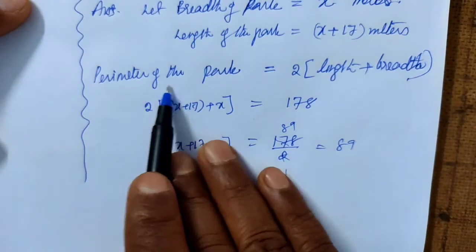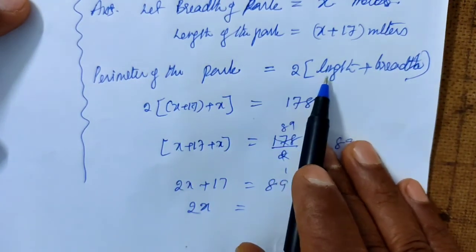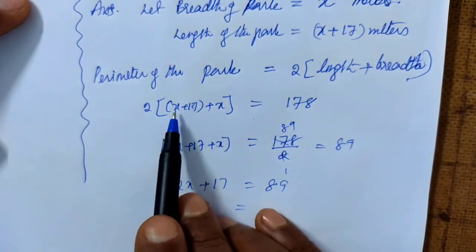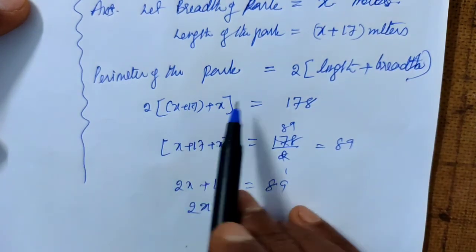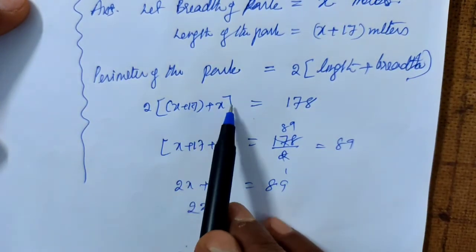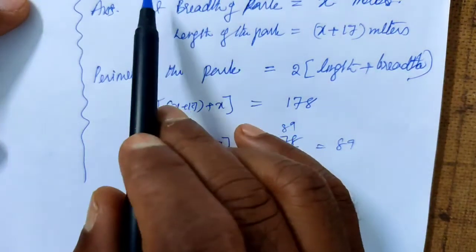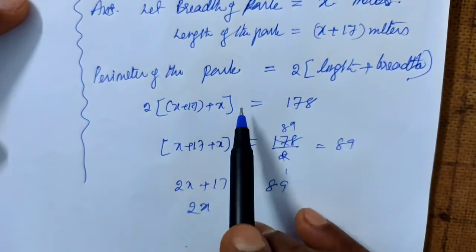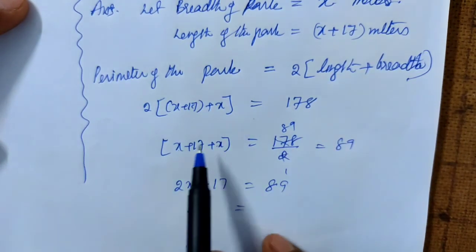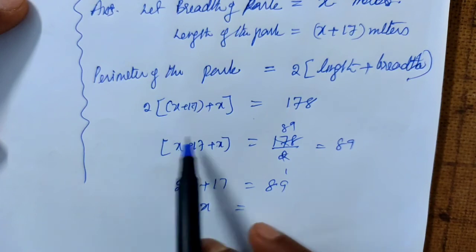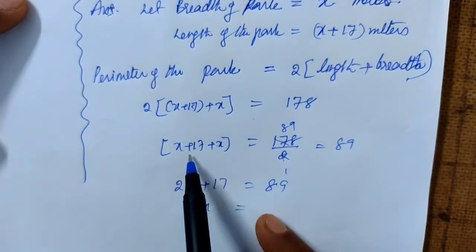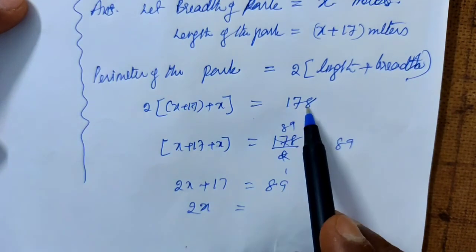So here the perimeter of the park is 2 into length plus breadth, and length is x plus 17 and breadth is x. So 2 into x plus 17 plus x, and the perimeter of the park is 178. So this is the perimeter and it is equal to 178 meters. So transpose this 2 to that side. This will remain on LHS, and on RHS 178 by 2.